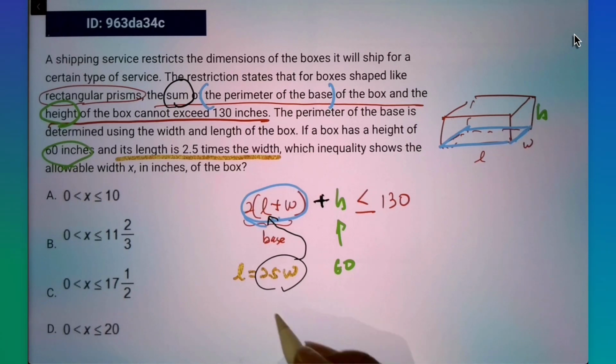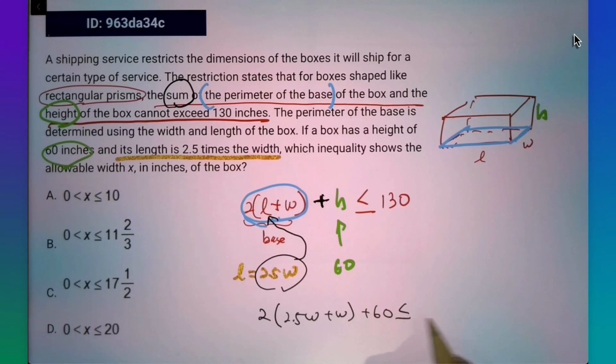When you do that, you get 2 times the quantity 2.5W plus W, plus 60, is less than or equal to 130. So now we have just one variable, W, and just numbers: one inequality, one variable.